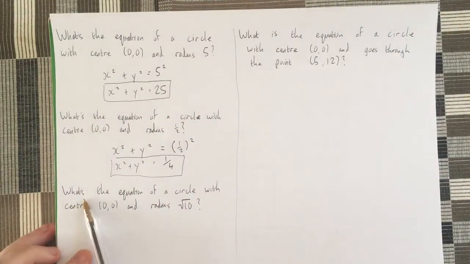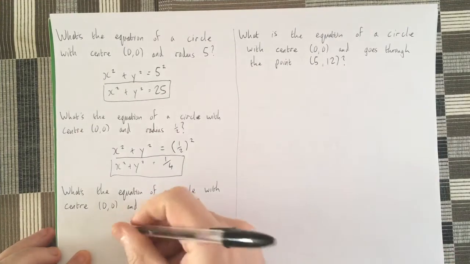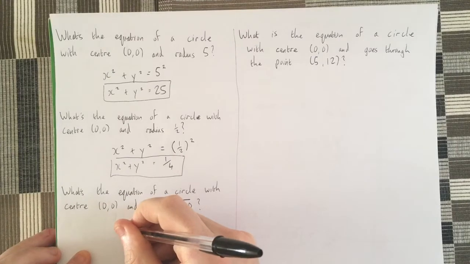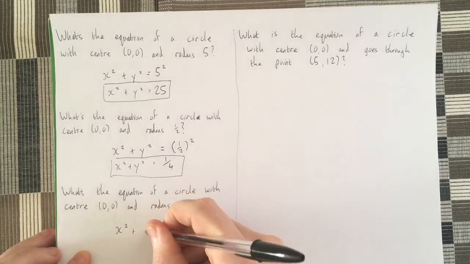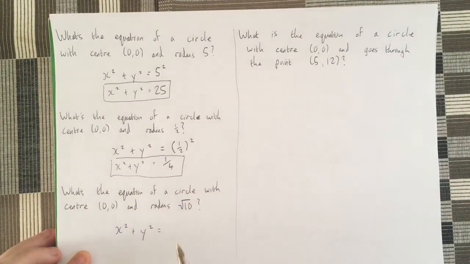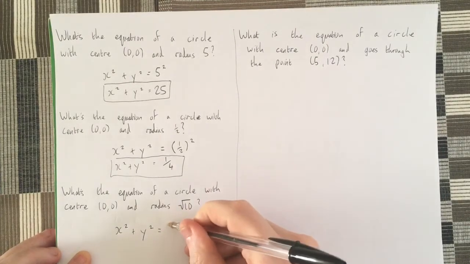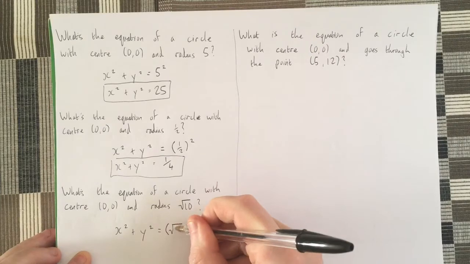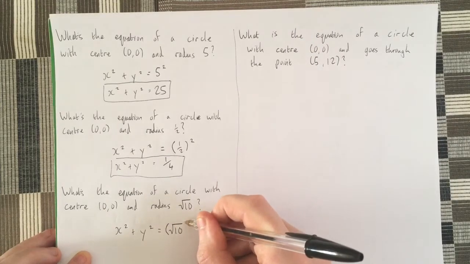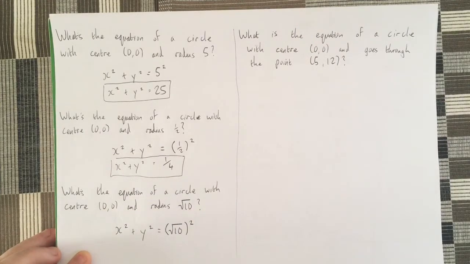And then just one here, what's the equation of a circle with center 0, 0 and radius square root of 10? So again, the center 0, 0 is telling me that it's going to be x squared plus y squared equals the radius squared. So the radius here is the square root of 10, and I'm going to square that.